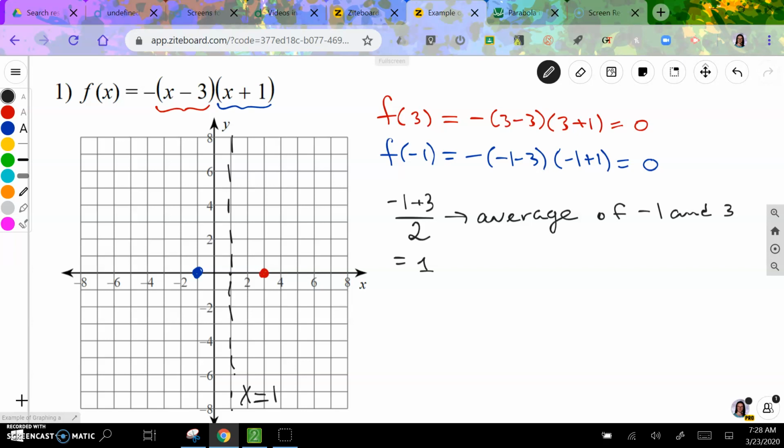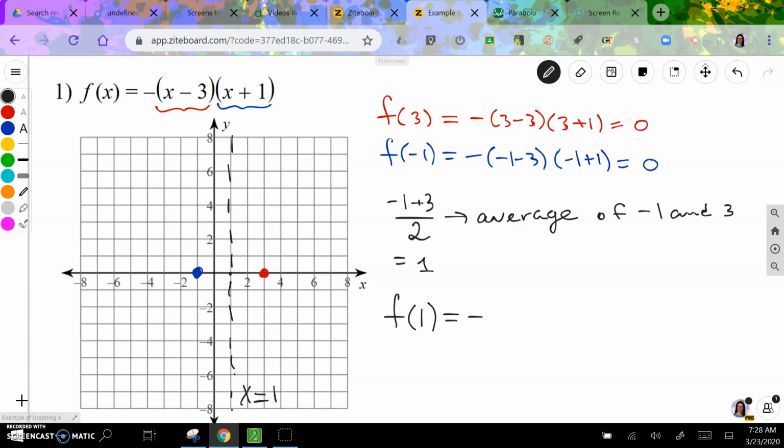Now the vertex is a little trickier because you don't know the exact location. We know it happens when x is 1, but we don't yet know the y value. We need to find the value of f of 1, because we want the output when x is 1.